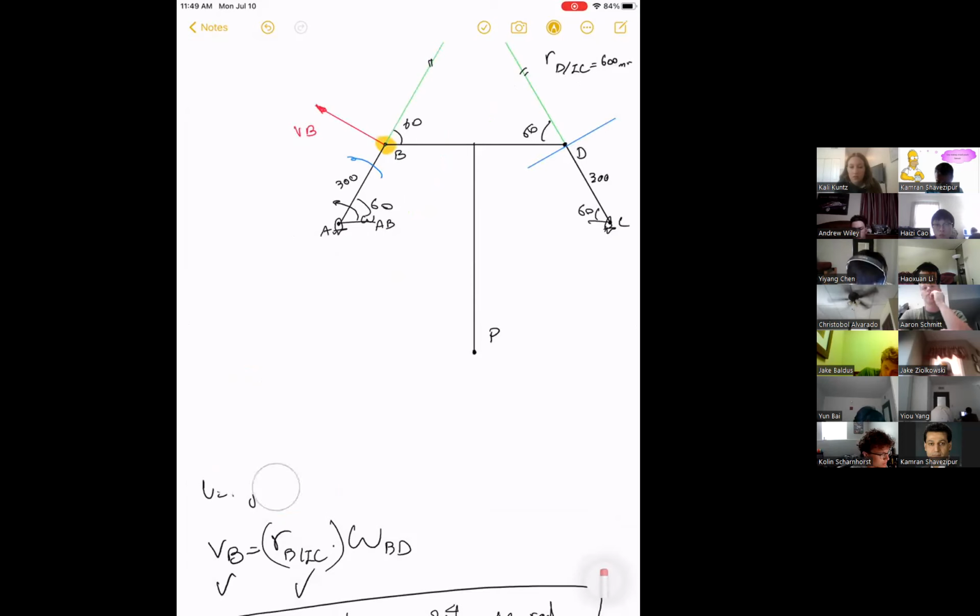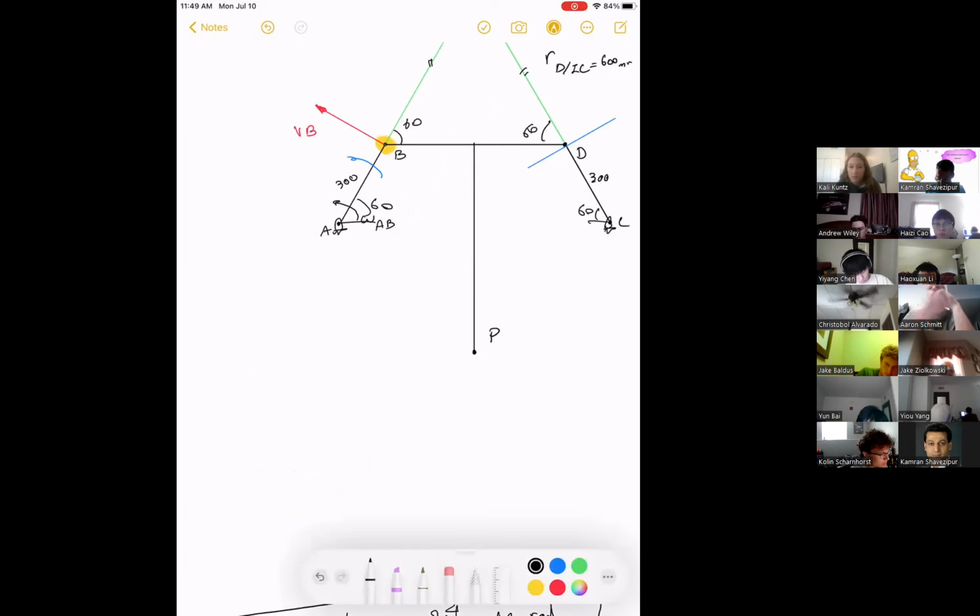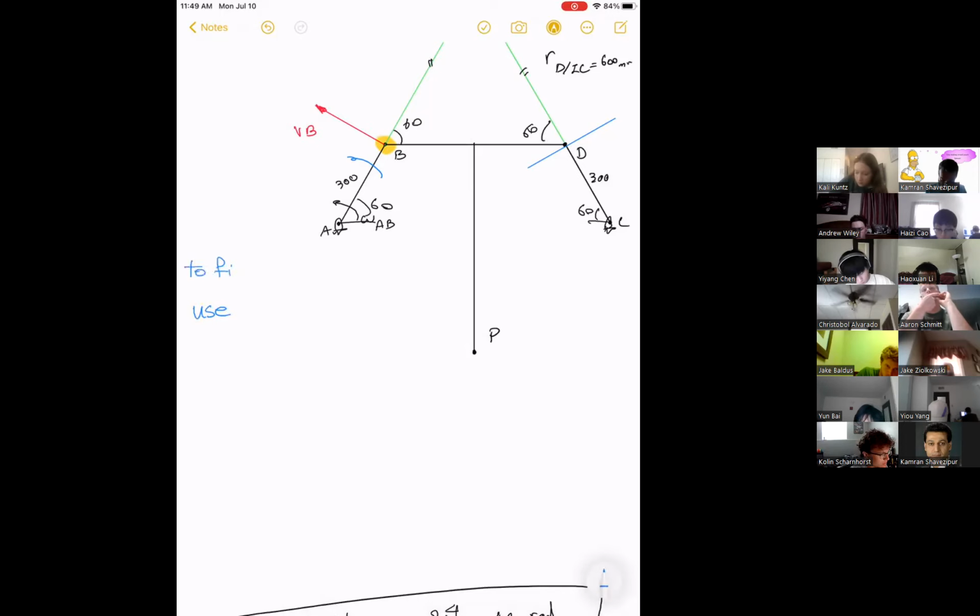Can I say P is also a part of link BD? It's technically one piece, right? The problem calls it BDP. So if P is a part of link BD, I use link BDP to find VP, right?